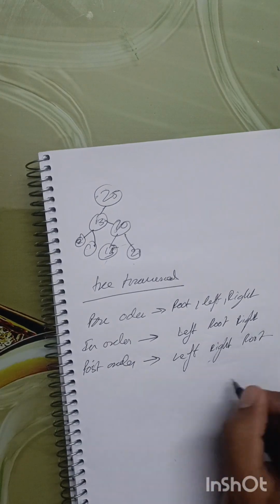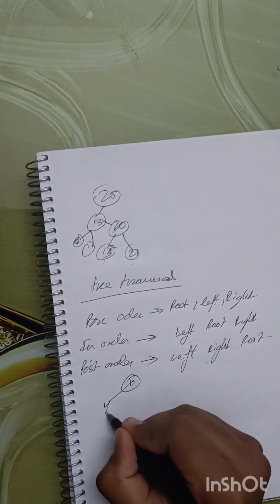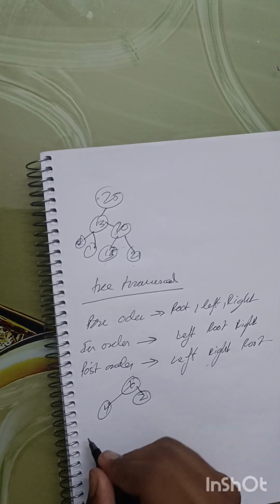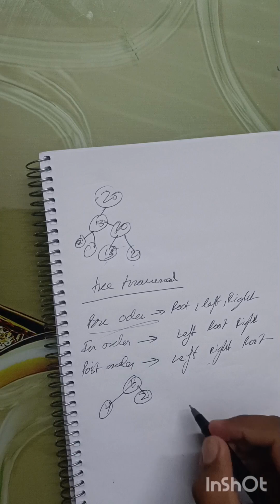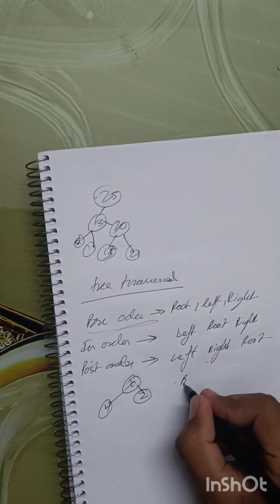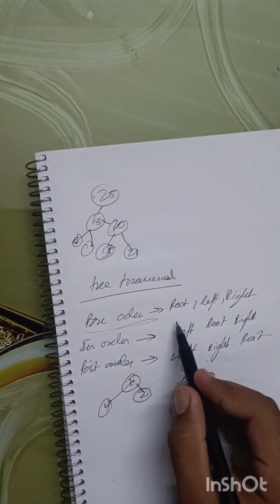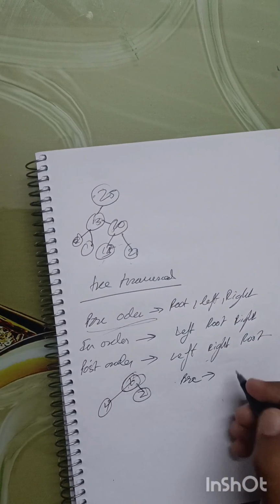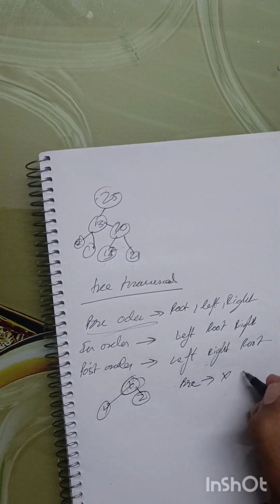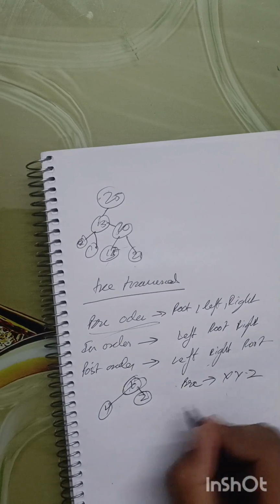Okay, if you have X, Y, Z, and you're going for pre-order, it'll become root X, left Y, and then Z, right.